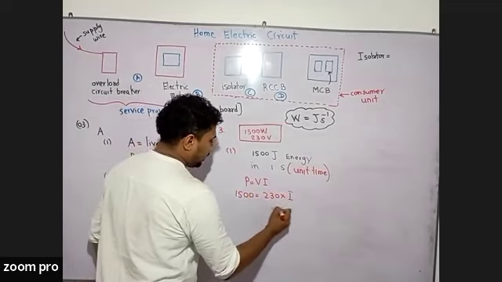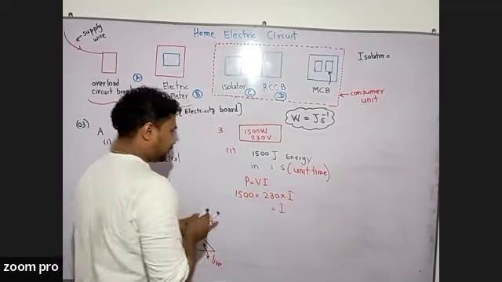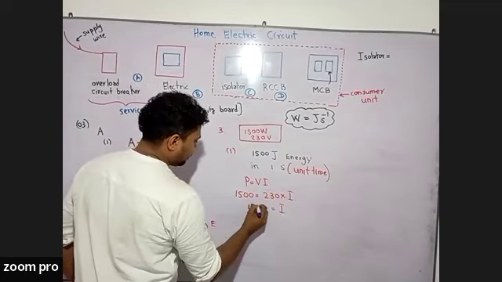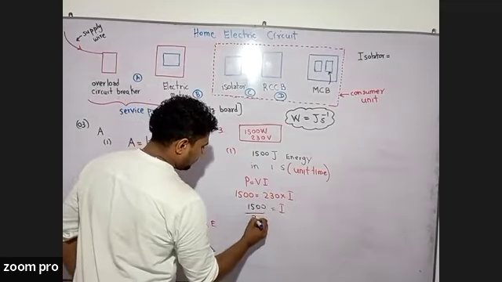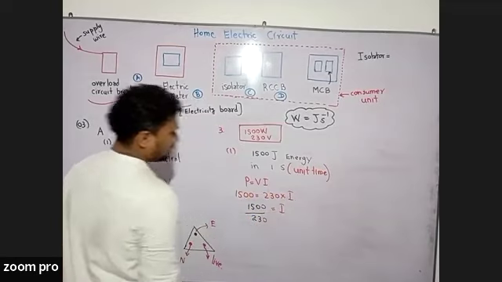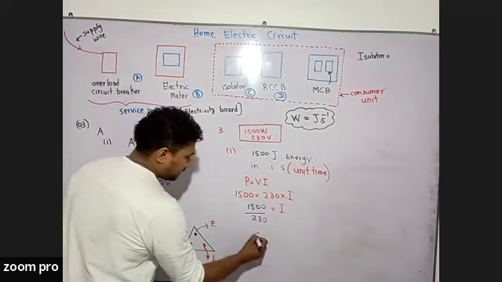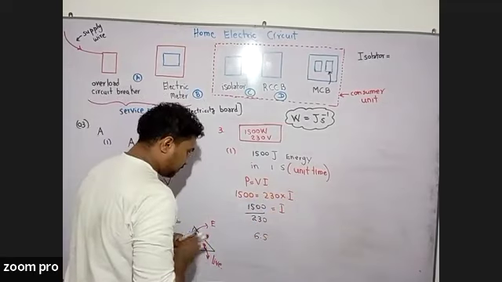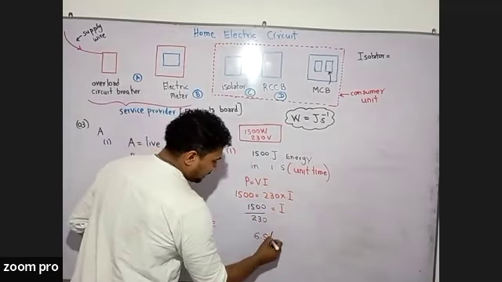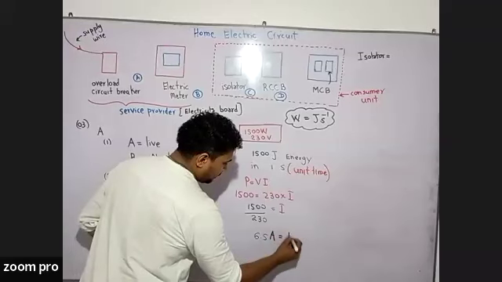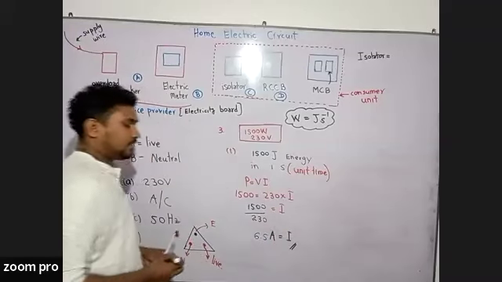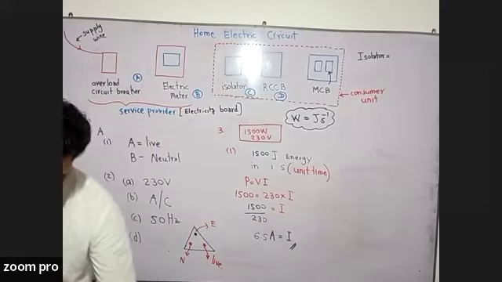Then I can be obtained by dividing this value by the voltage. So if I simplify it, I can obtain the answer as 6.5. Since it is current, the unit should be amperes, right?